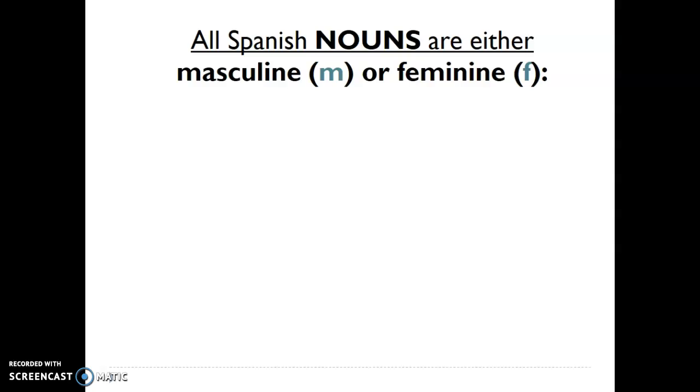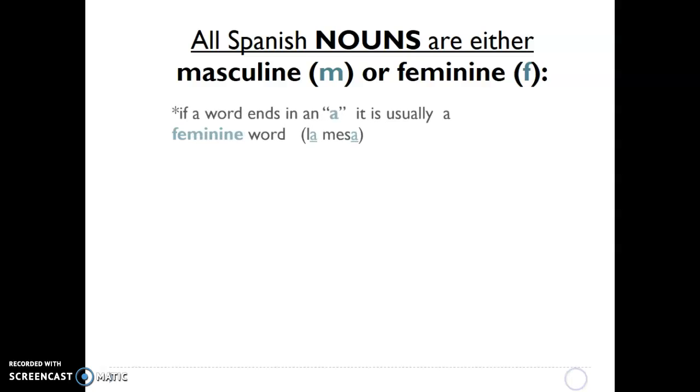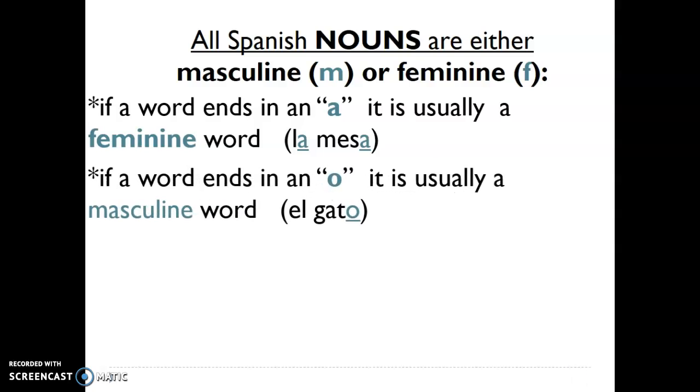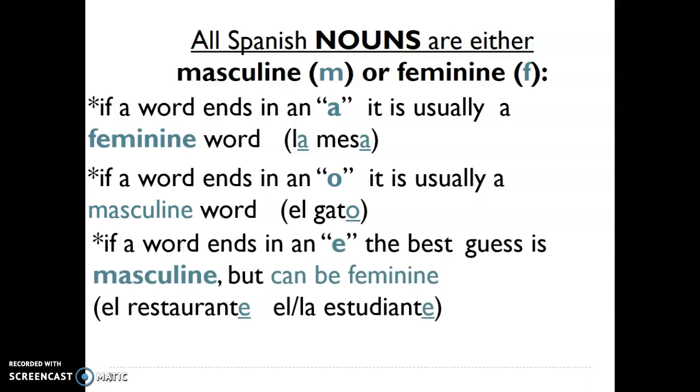All Spanish nouns, which are people, places, or things, are either masculine or feminine. Now the rules are, if a word ends in an A, it's usually a feminine word. La mesa. If a word ends in an O, it's usually masculine. El gato. If a word ends in an E, the best guess is masculine, but it can also be feminine.